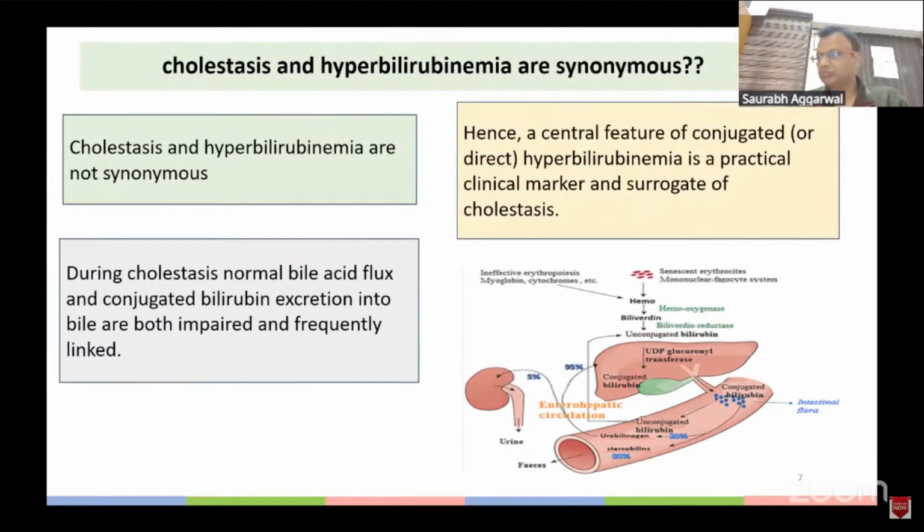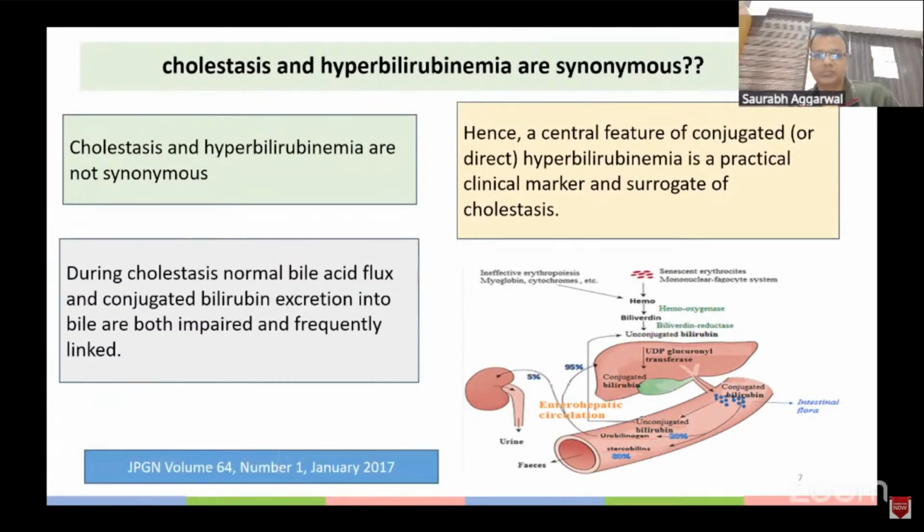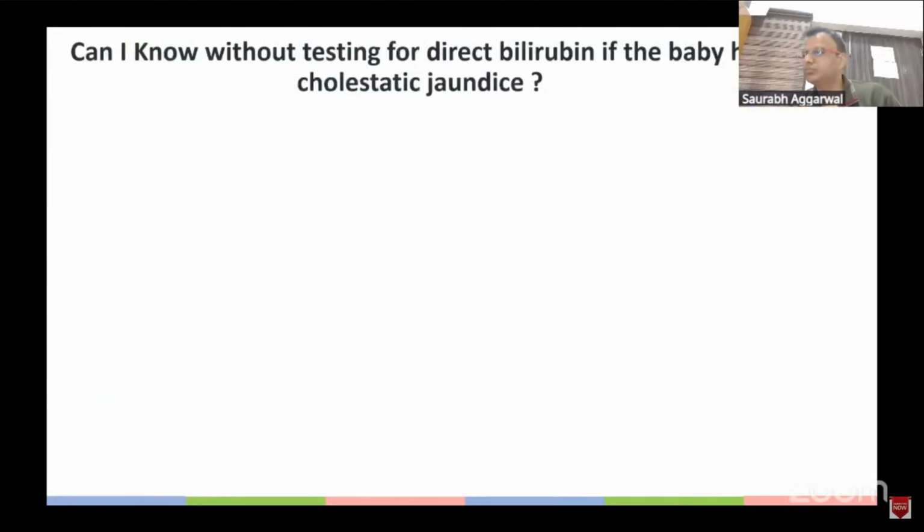A central feature of the conjugated or direct hyperbilirubinemia is that it is a practical clinical and surrogate marker of cholestasis. So, though these terms are not synonymous, we still use conjugated or direct hyperbilirubinemia as the surrogate marker of cholestasis.